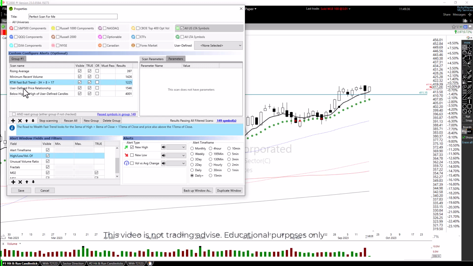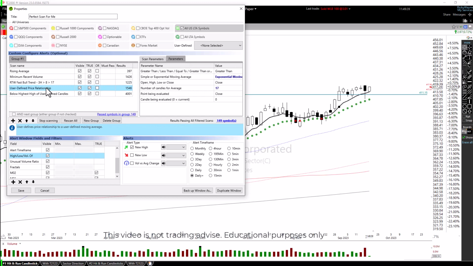I want a price relationship in here, and all this is, is I want price to be above the 17. There are those stocks that pop up every now and then where the fast trend is intact, but price has dipped below the 17. So I'm just eliminating those.